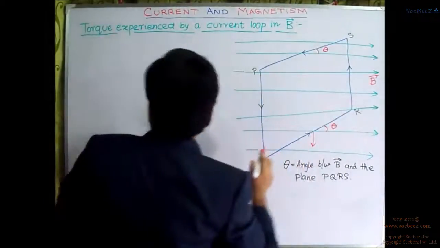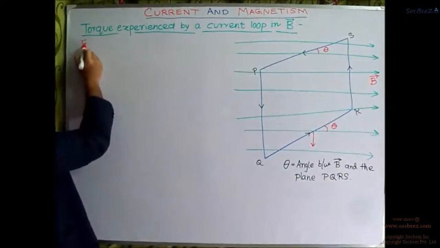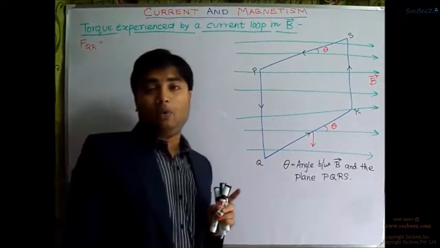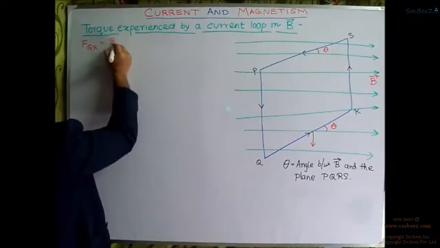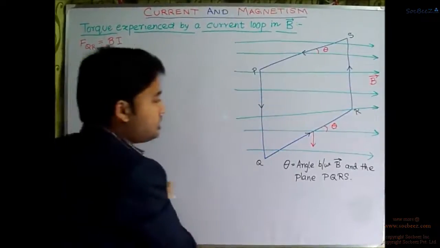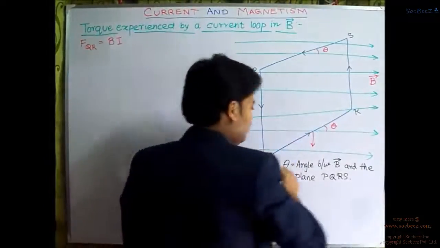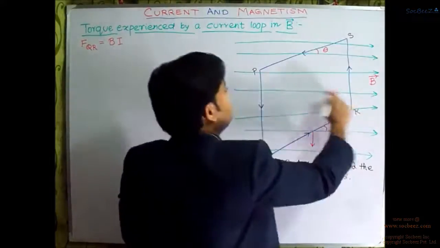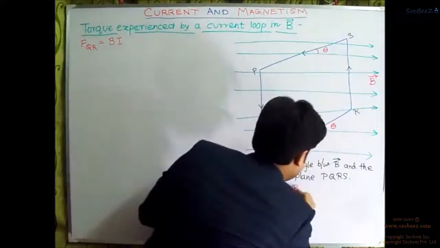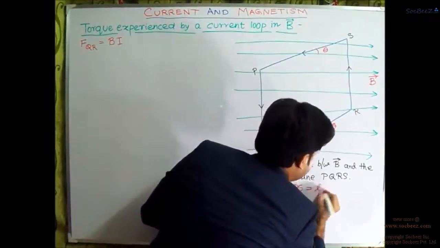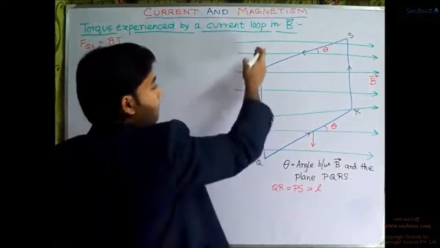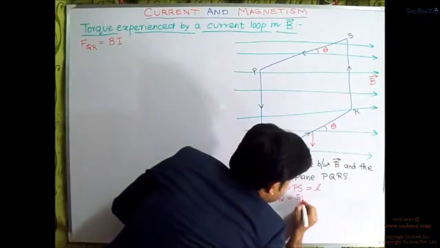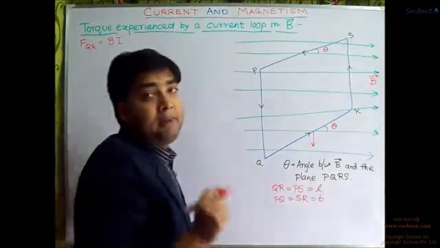So the force on QR we can write as B I, and let us take this as the length, so QR equals PS equals length, L, and PQ equals SR equals, say, the breadth, B.